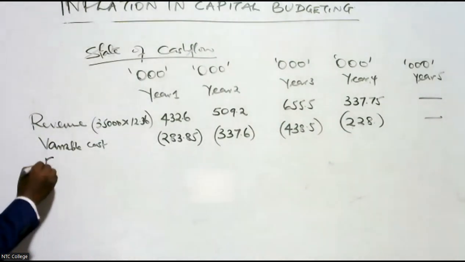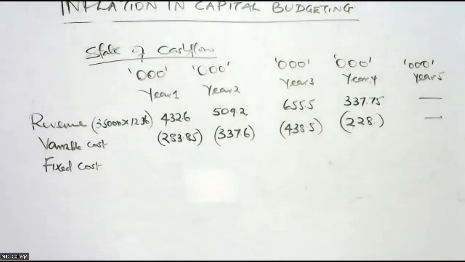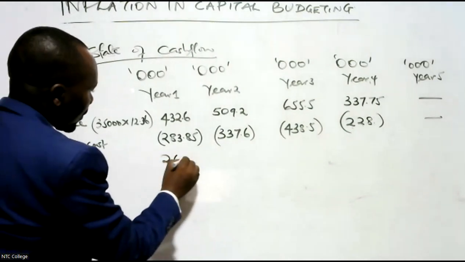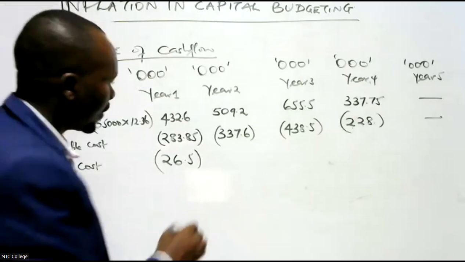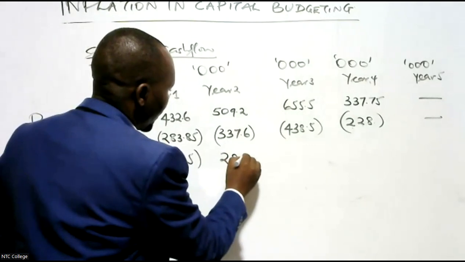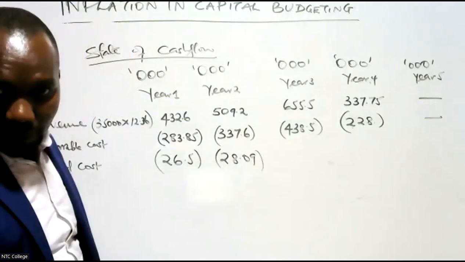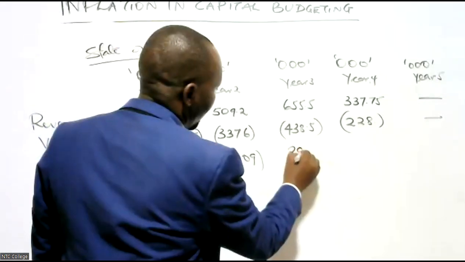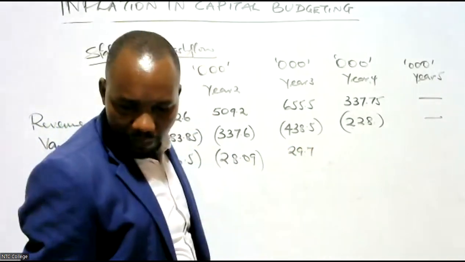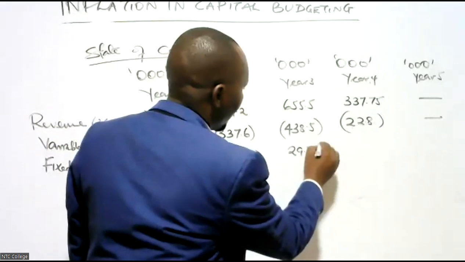Now fixed cost. The first one was 26.5. Then the second one is 28.09. Then the third is 29.78. Is it?